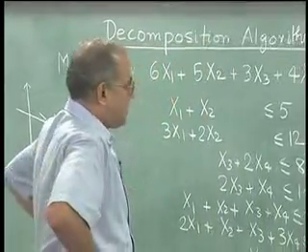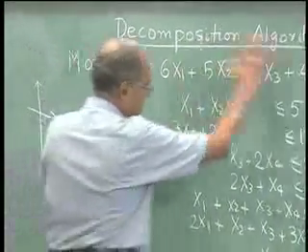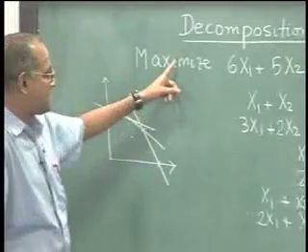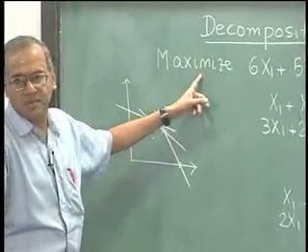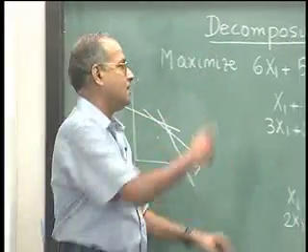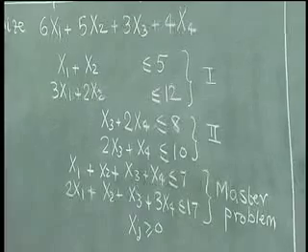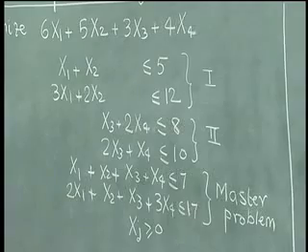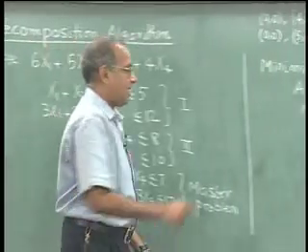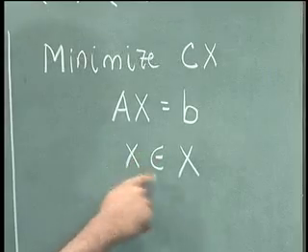What we mean by this is, if we take this example, this is a maximization problem, but this can be written as a minimization problem by simply saying minimize minus 6 x1 minus 5 x2 minus 3 x3 minus 4 x4. I have not even written x greater than or equal to 0.